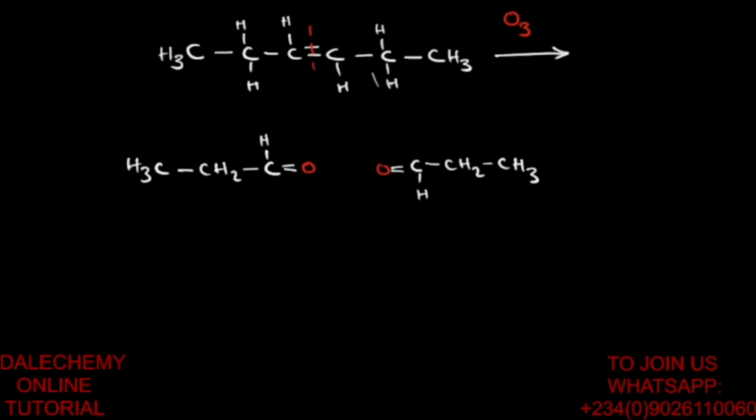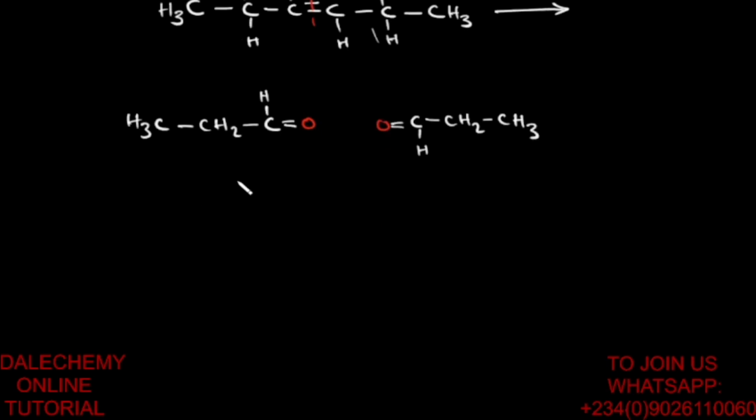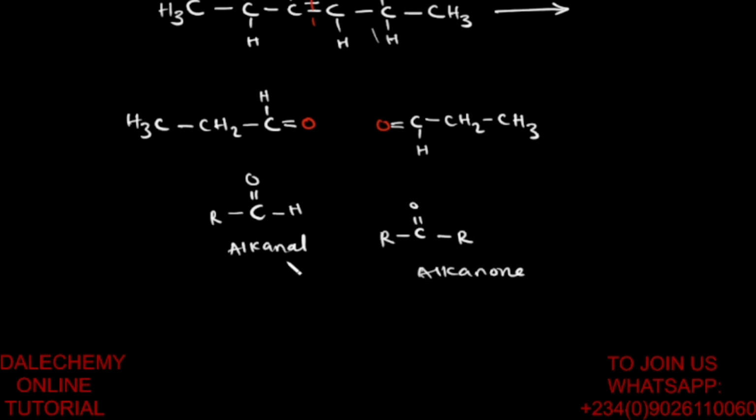Now you have to name them. Generally, to name, if you have any carbonyl compound, this is a carbonyl. If what is attached to it next is hydrogen, this will become an aldehyde, and if what is attached to it next is R, it becomes an alkanone. So if you want to name them, you have to find the total number of carbons that compound has.